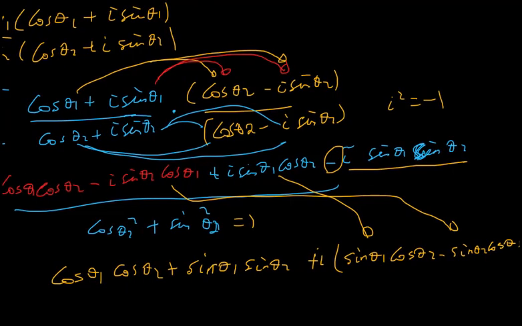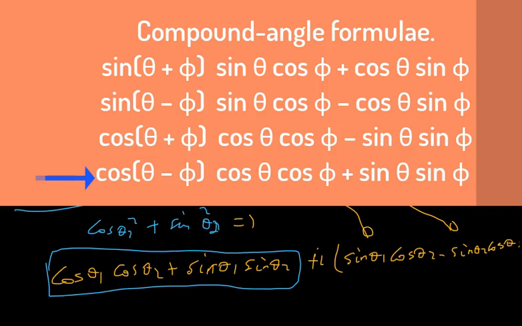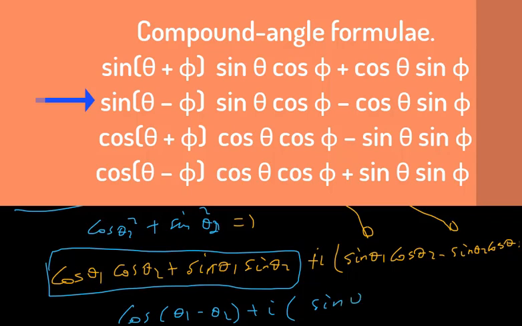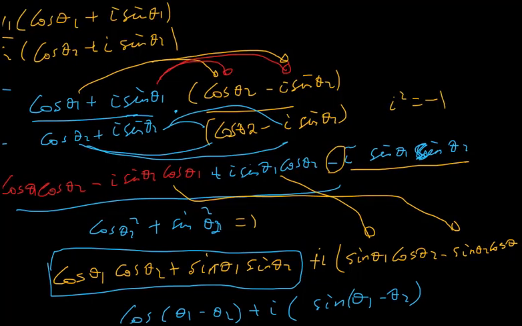Using the cosine property of the sum or difference of two angles, in this case this is the same as cosine of theta 1 minus theta 2, plus i, the same is true here, the sine property of the difference of two angles, so this is sine of theta 1 minus theta 2. Finally this will be the result.